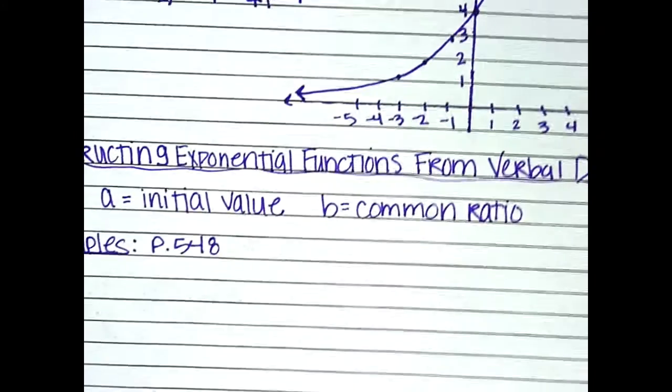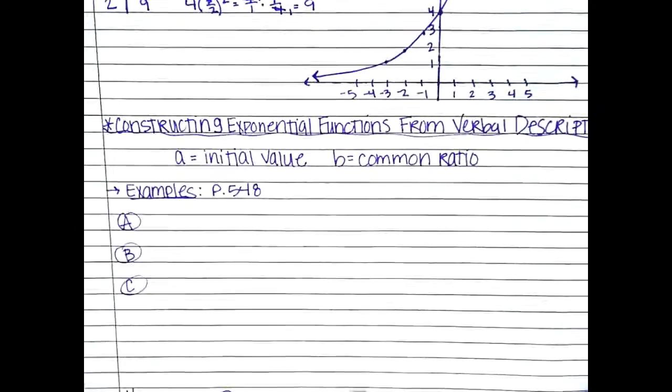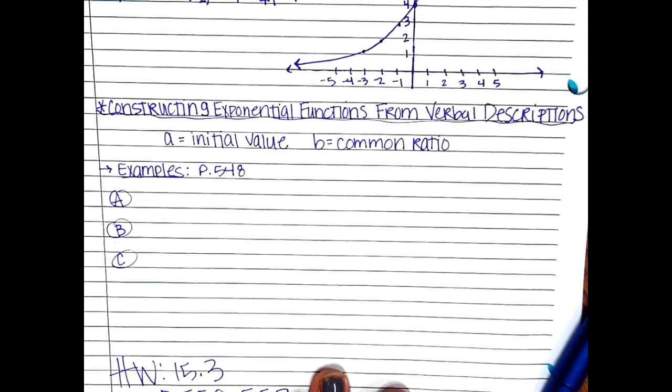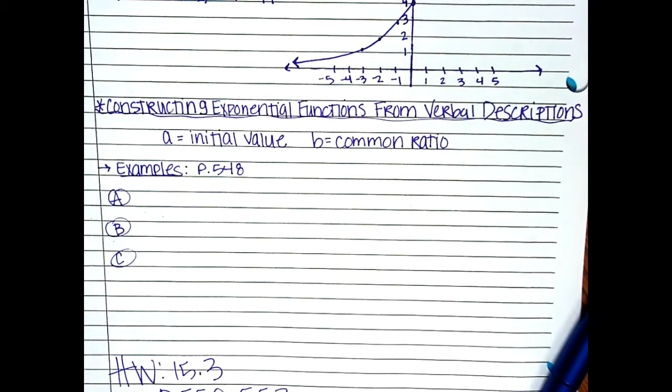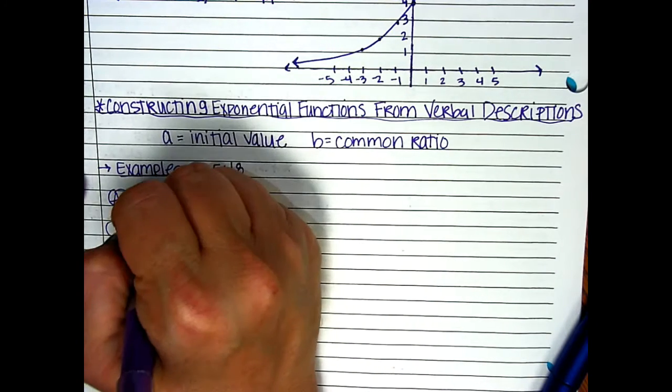Okay, the next part says constructing exponential functions from verbal descriptions. Remembering that a is the initial value and b is the common ratio.